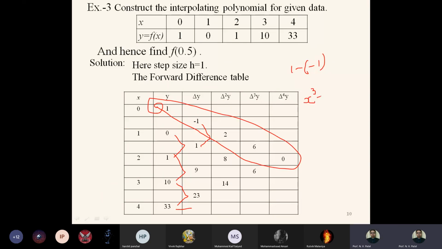That is your answer. Now to verify our answer, if you take x equal to 0, your y must be 1. So this is y equal to x cube minus 2x square plus 1. Put x equal to 0.